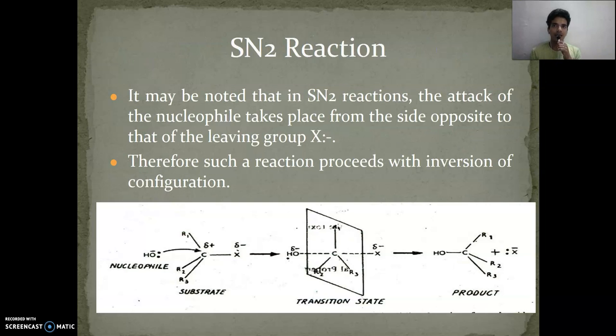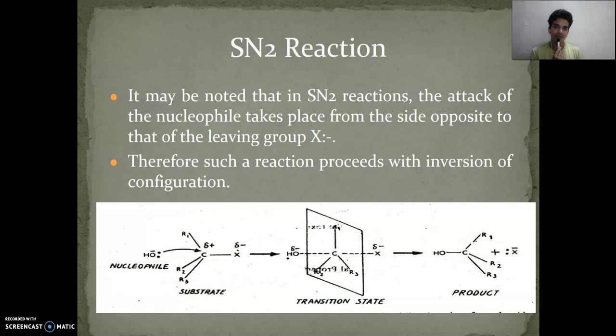It may be noted that in the SN2 reaction, the attack of the nucleophile takes place from the side opposite to that of the leaving group X. Therefore, such a reaction proceeds with an inversion of configuration. The mechanism gives an idea of how the attack of the nucleophile on the substrate takes place at the backside, with inversion of configuration.